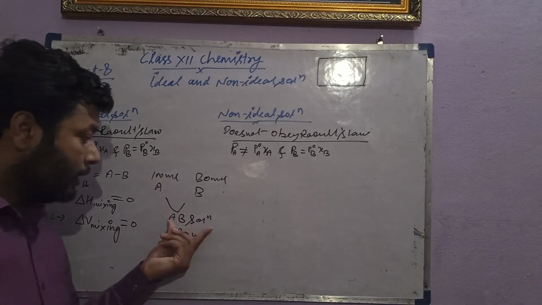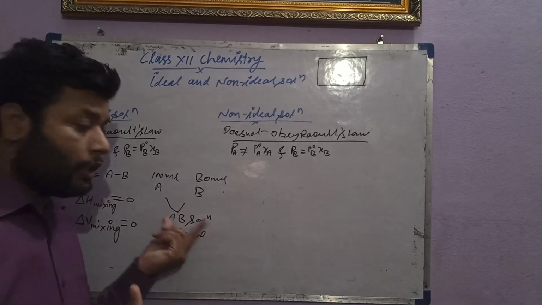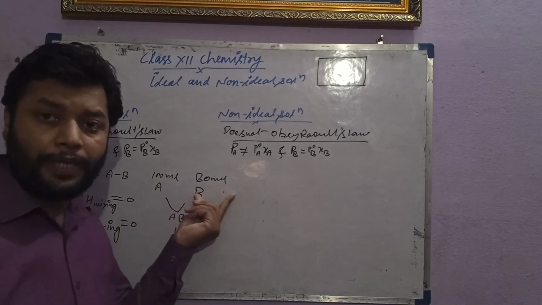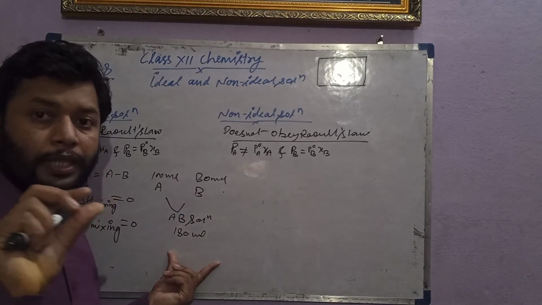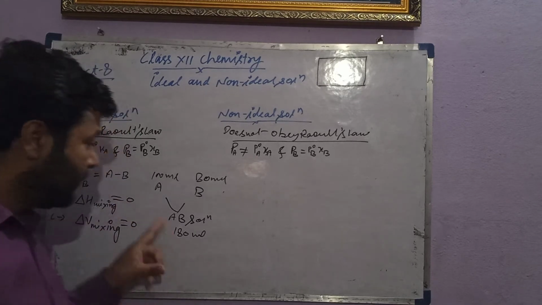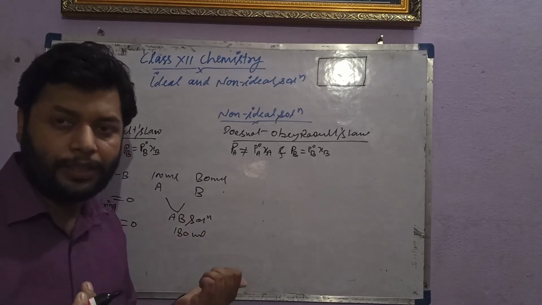When the total volume of the solution is just equal to the sum of the volumes of component A and component B, then that is called delta V mixing is 0, because there is no difference before and after the mixing.